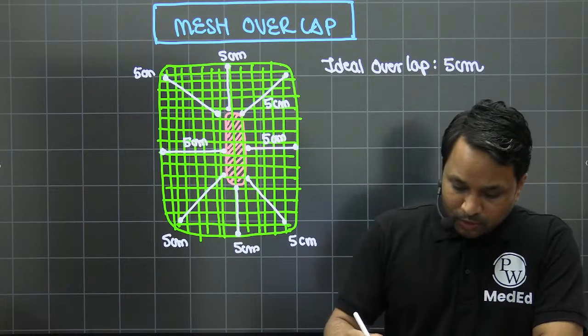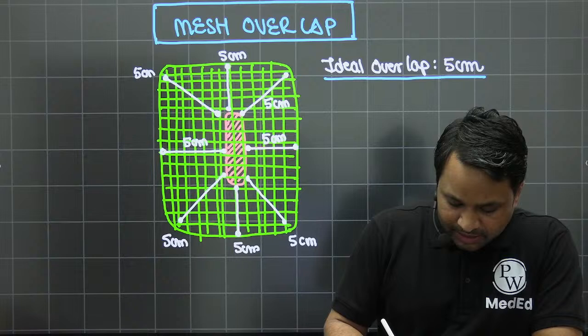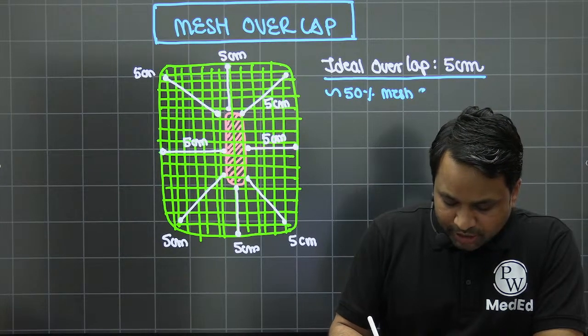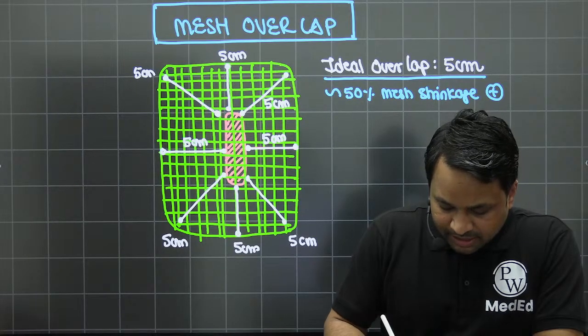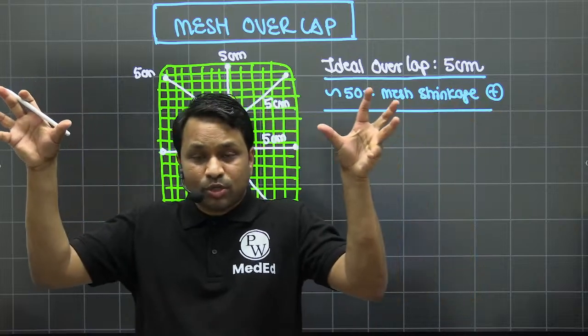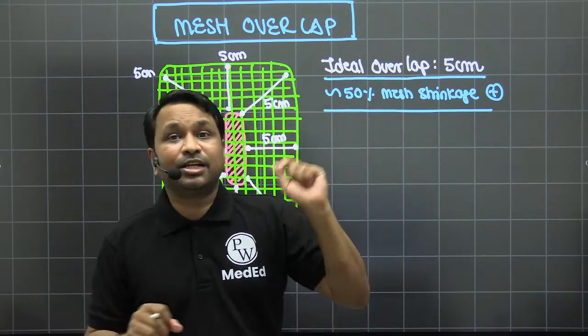Now, why you need to have this overlap is that we have seen approximately 50% mesh shrinkage. That means after you've put the mesh, as I told you, the tissue starts to grow in. As the tissue grows in, it crumples the mesh and shrinks it, and that shrinkage is around 50%.